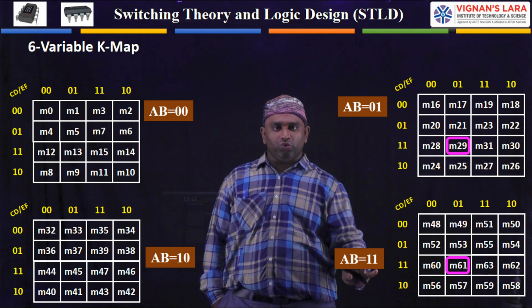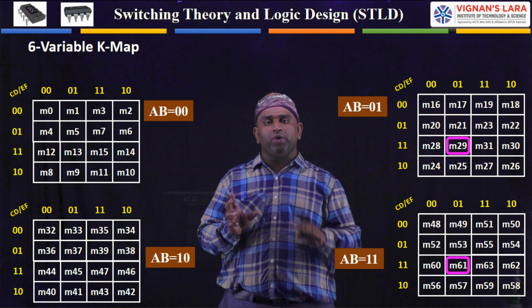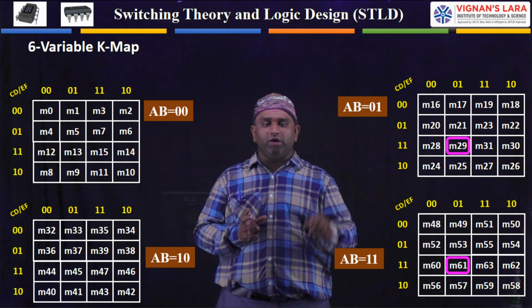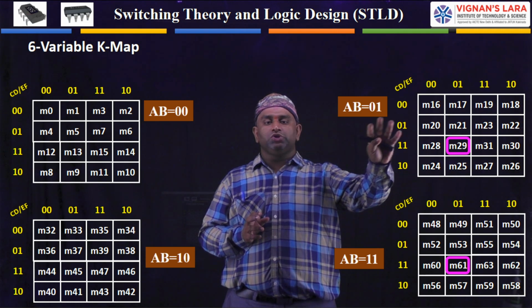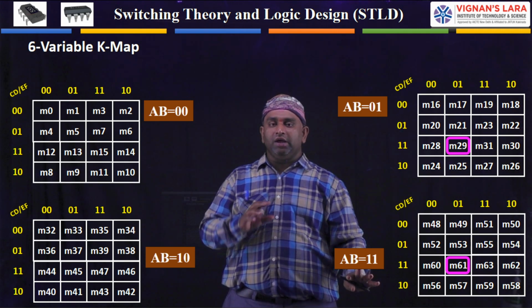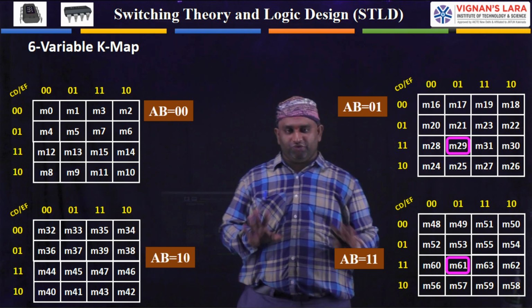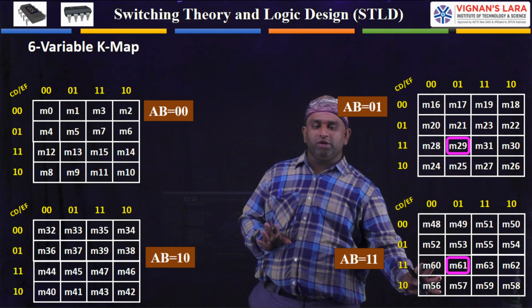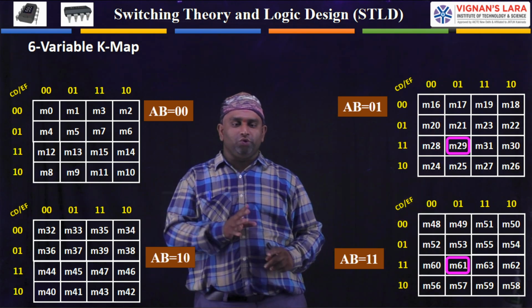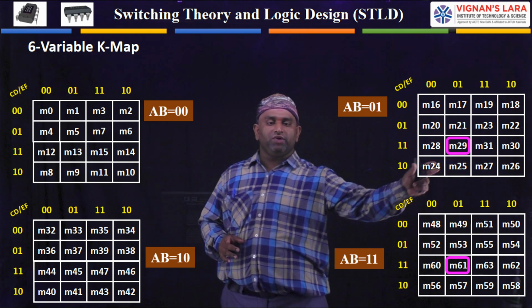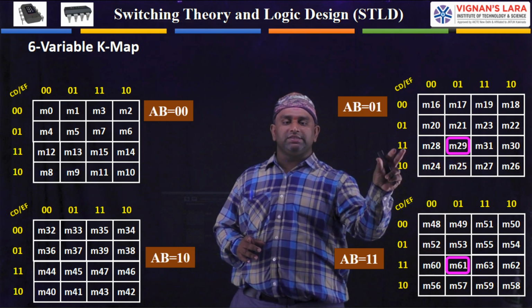In these two, you have to identify which value is differing and which is non-differing, and write down the non-differing value. In AB 0, 1 and AB 1, 1, A value is differing and B value is non-differing. It is not differentiating from this square to this square. So the final value is B, and the remaining value is the square representation, which is CD.